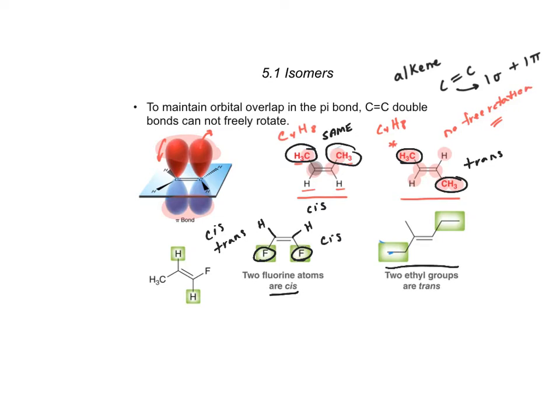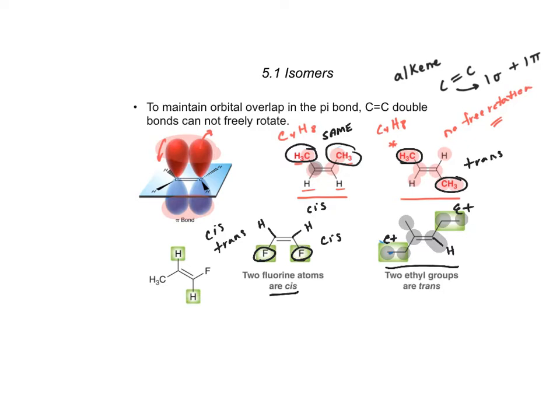Over here, who would we be comparing using the cis trans? So for this guy, we've got a methyl group attached. We've got, what is this, 1, 2? This is an ethyl group. Over here, we've got a hydrogen, and then what do we have up here? An ethyl, right?